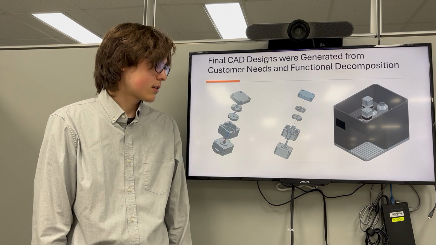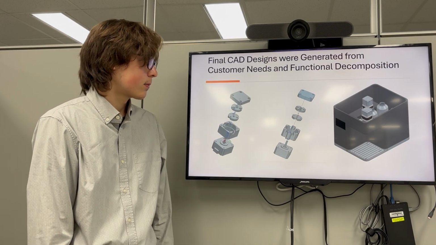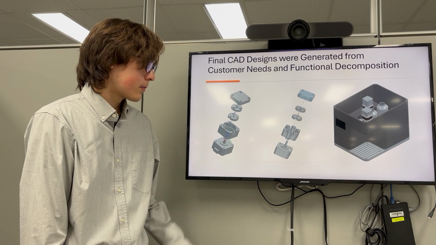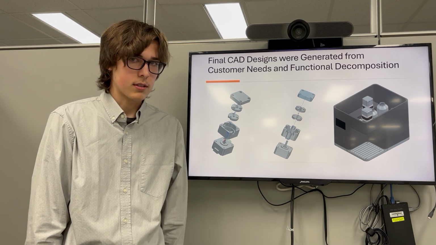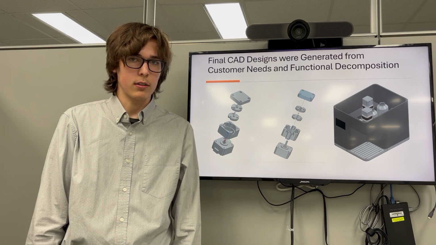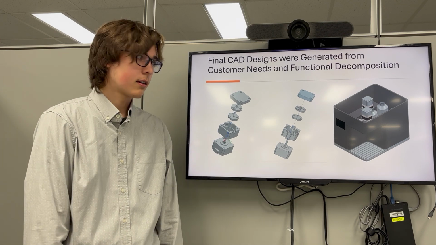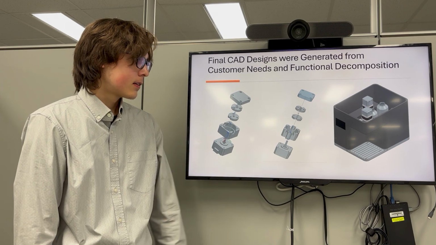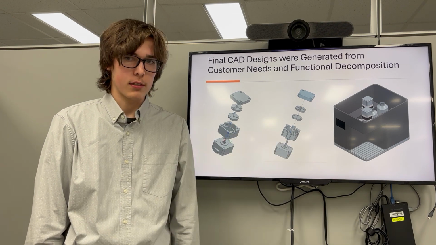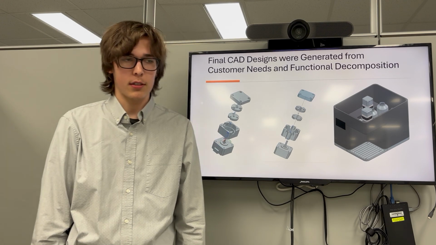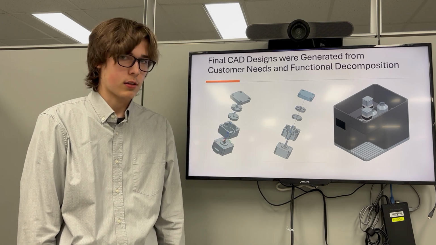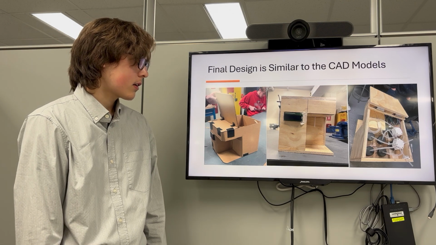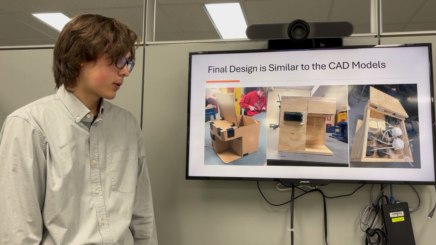The final CAD designs were generated from our customer needs and functional decomposition. I based these designs on peristaltic pumps that are already on the market. And the casing was designed based on similar products on the market. Our final design is pretty similar to our CAD models.